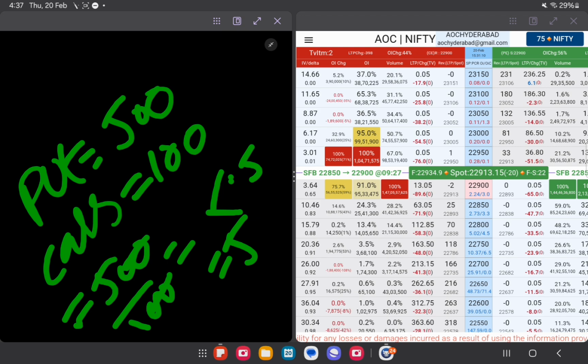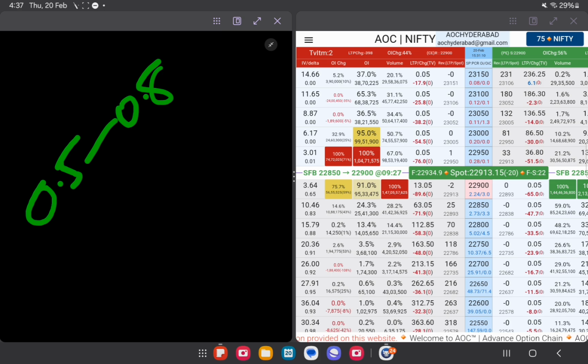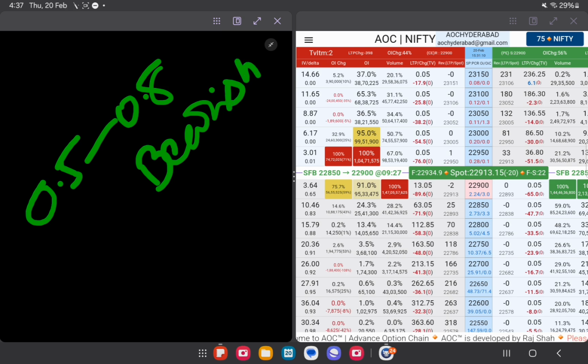There are certain parameters for put call ratio. If the data is below 0.5 to below 0.8, it indicates some kind of bearishness, and it is denoted as bearish.